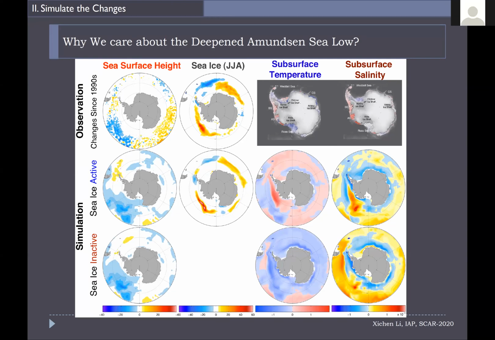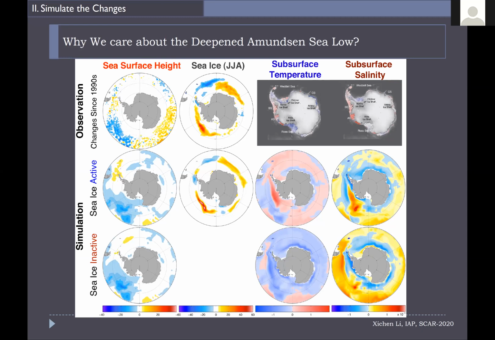Okay, thank you, Will. We did several sea ice inactive simulations. Basically, we fixed the sea ice concentration or extension in this experiment, but the sea ice thickness is active, based on the atmosphere-ice-ocean flux.